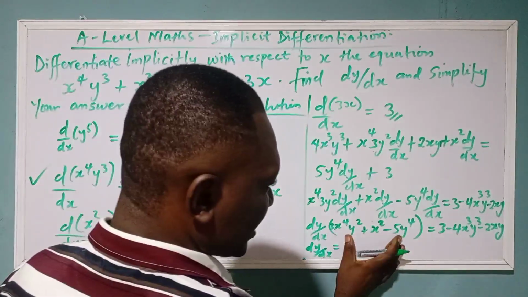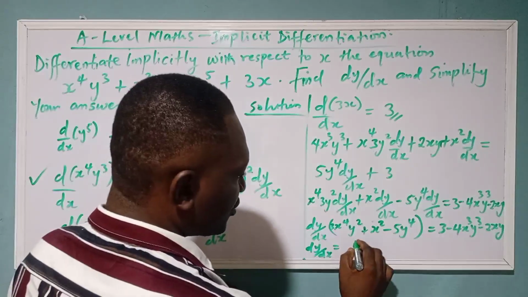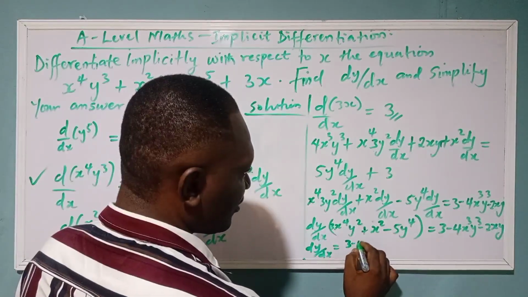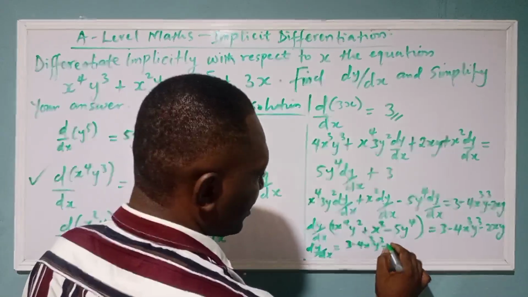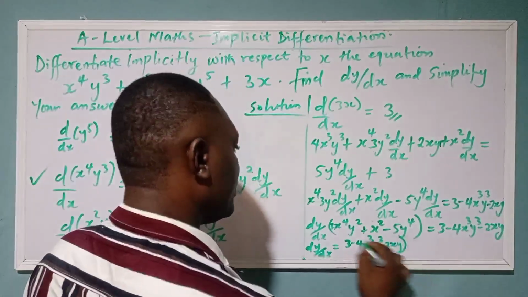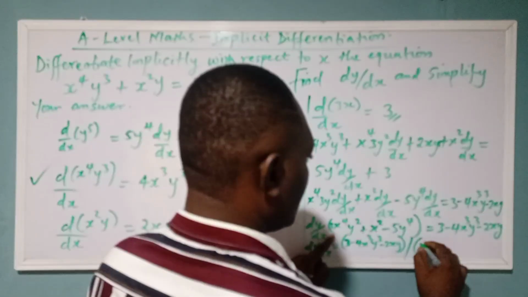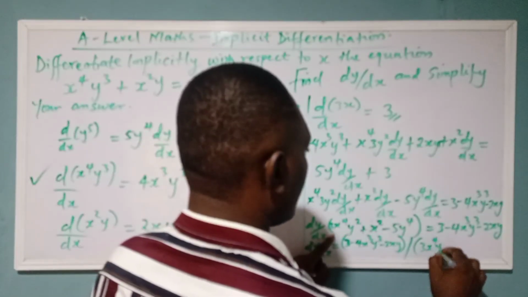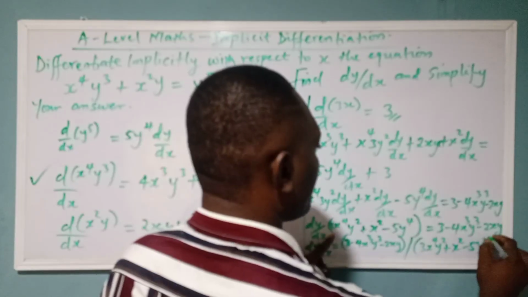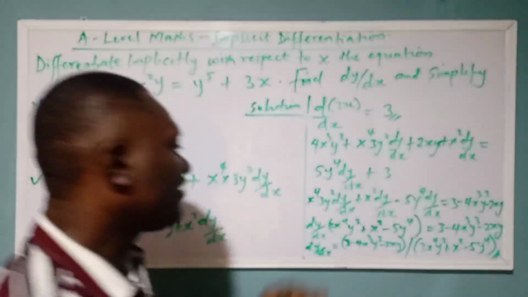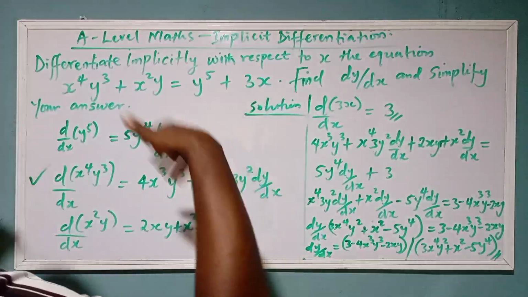So dy/dx is equal to 3 minus 4x cubed y cubed minus 2xy, divided by the denominator, 3x raised to the power of 4, y raised to the power of 2, plus x squared minus 5y raised to the power of 4. So this will be my final answer. Whenever you differentiate this implicitly, this is what you are going to have.